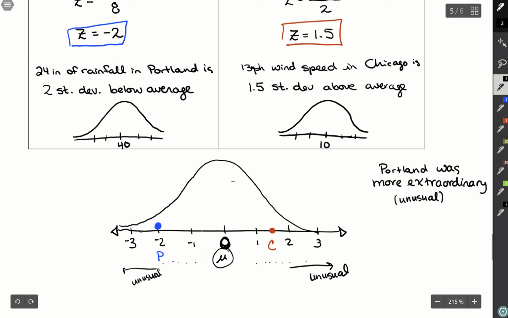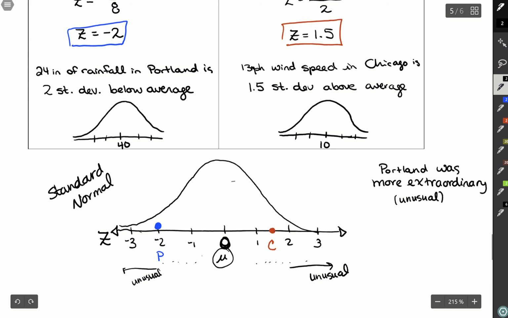So we're going to see this bell-shaped curve that has this number line of 0 and then these jumps of 1, basically using units of 1. And this is called our standard normal curve. This standard normal curve is special because these numbers along the number line at the bottom are all z-scores.